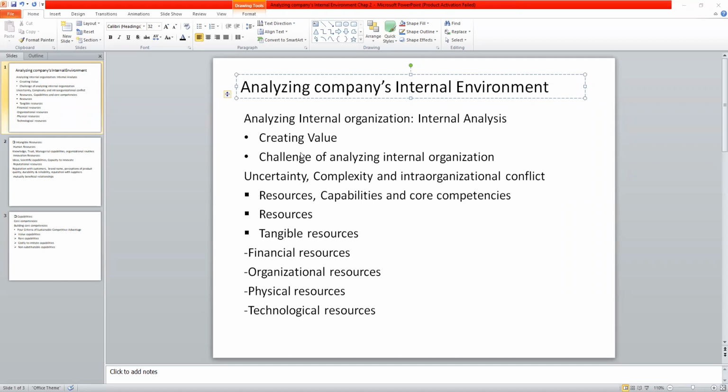Now, analyzing the internal organization. Smart growth occurs when a firm successfully manages its need to grow with its capabilities, and then only we say that the company has grown or been performing well.